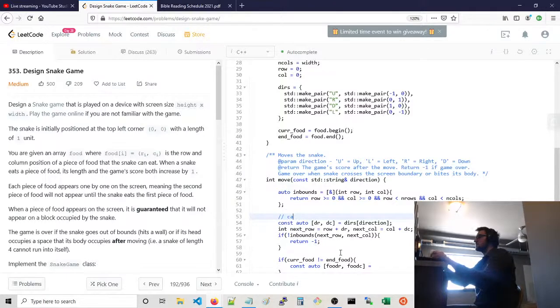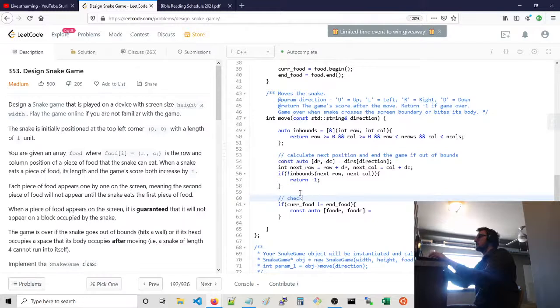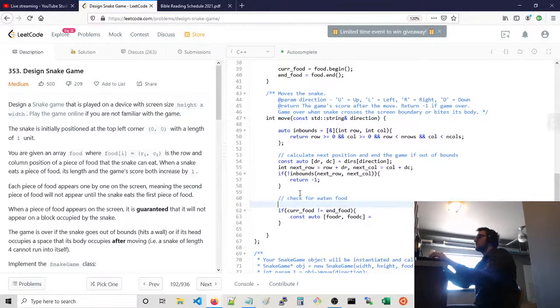Calculate next position. And end the game, out of bounds. Check for eaten food. Eat.